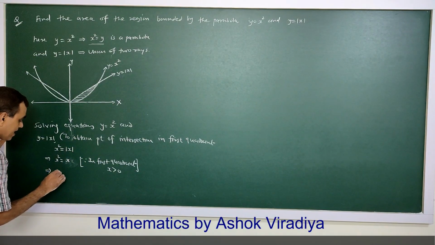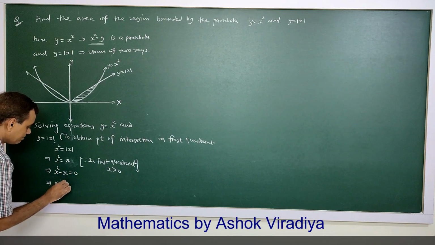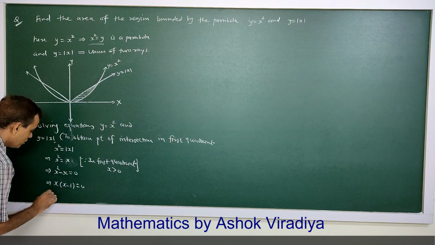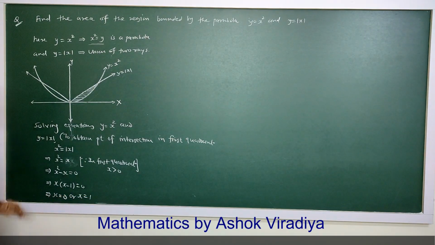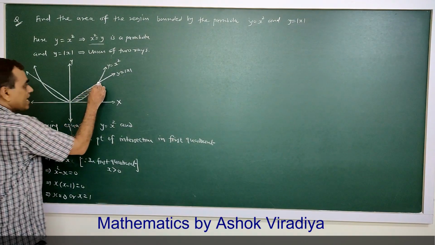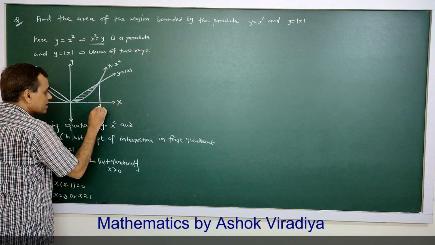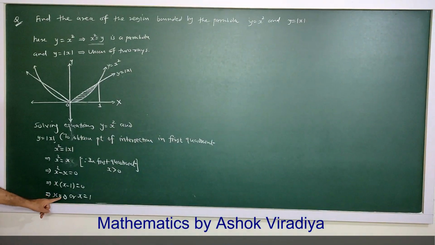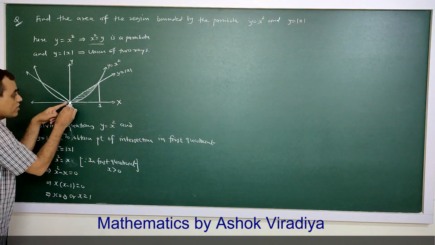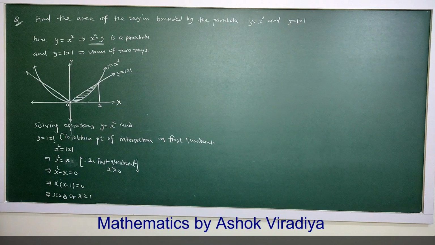That means x square minus x is 0, therefore x into x minus 1 is 0, so x is 0 or x is 1. So this point has x coordinate 1, here x coordinate is 0. So we are getting 0, 1, that means the x coordinate of this point as well as the x coordinate of this point.